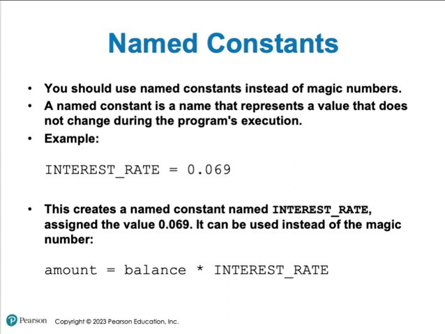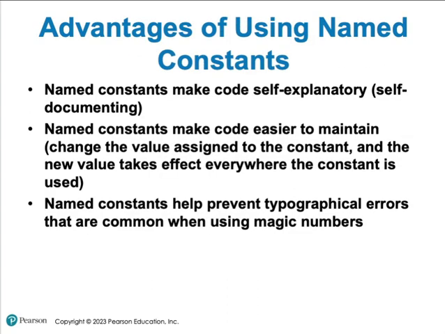Now what we do is we say the amount that we get is our balance times the interest rate. Well, that makes a lot more sense to somebody that is reading the program. It's also easier to maintain if your interest rate changes, just like I was talking about with functions. You only really have one place that you need to change it.